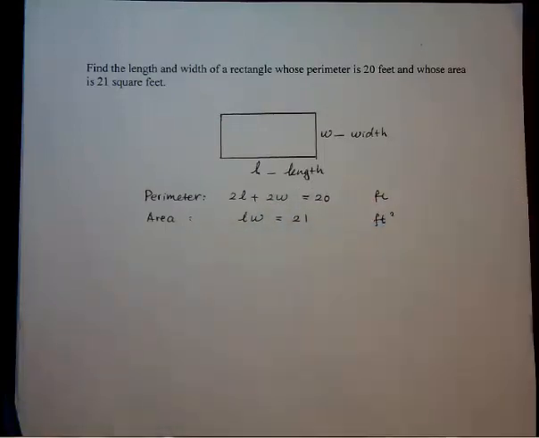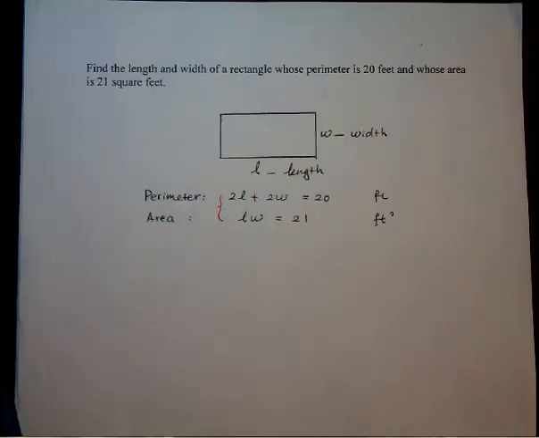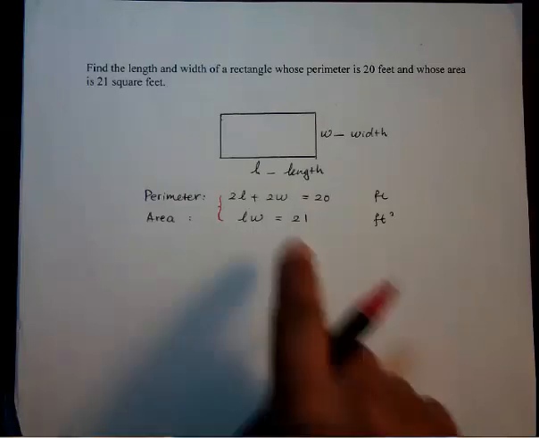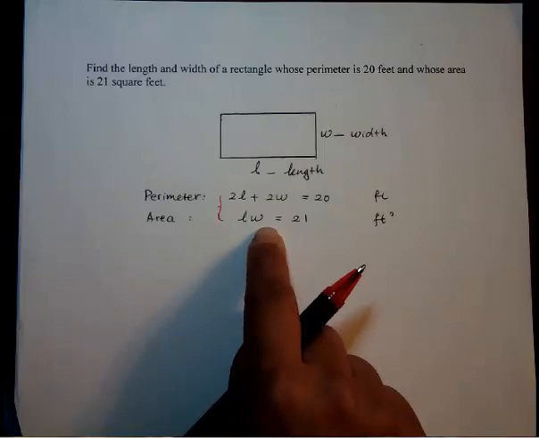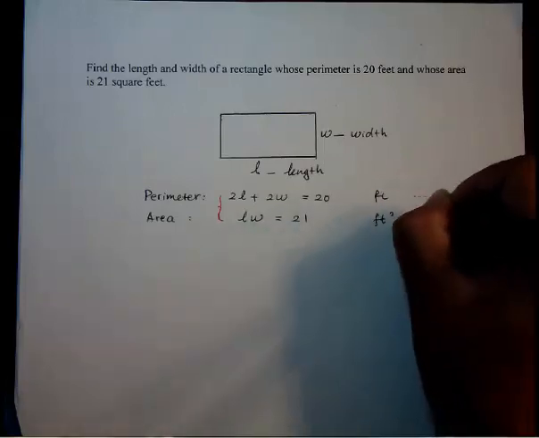Let's keep the units. You can see that I need to find the length and the width that satisfy both conditions, so I'm going to solve this nonlinear system of equations, since this one is not a linear equation. Again, call these equation 1 and equation 2.